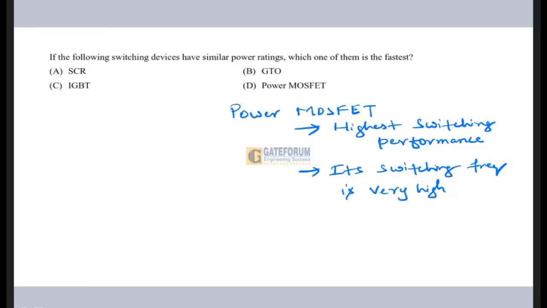Power MOSFET is a majority carrier device and it is unipolar.